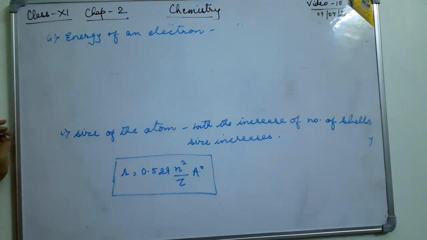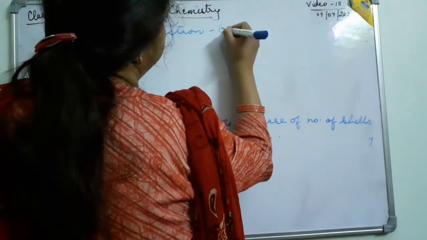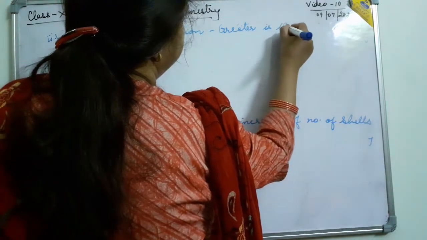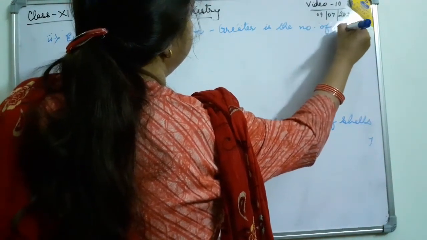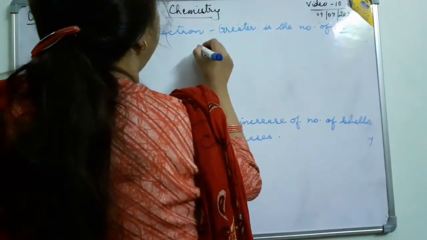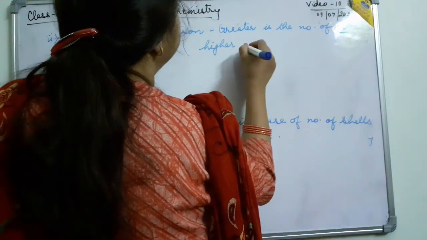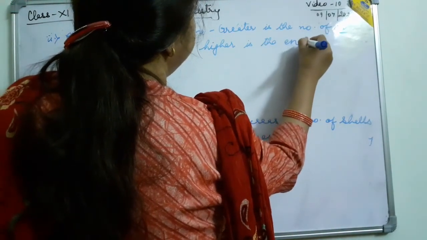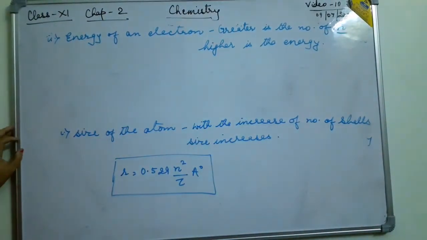Greater the number of n, where n means the principal quantum number, higher is the energy, as energy depends on the number of orbitals.